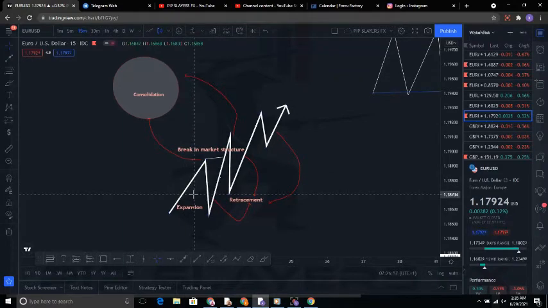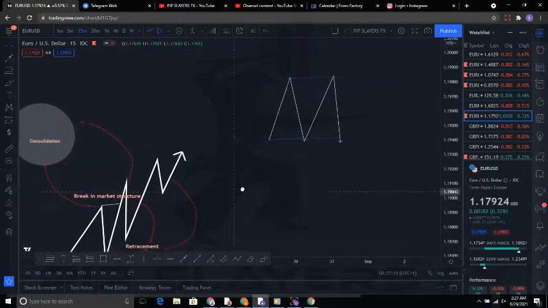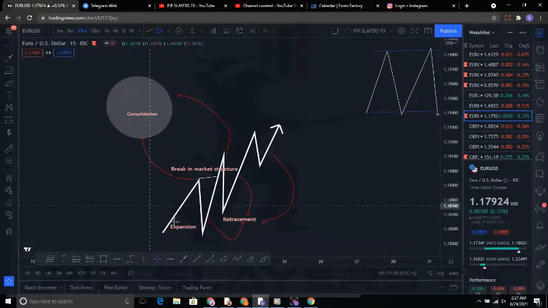You don't know what an imbalance is? Well, I'll explain that in another video. So an expansion, then a consolidation. A consolidation is of this form: up, down. In retail it is called a range. I believe we all know that.